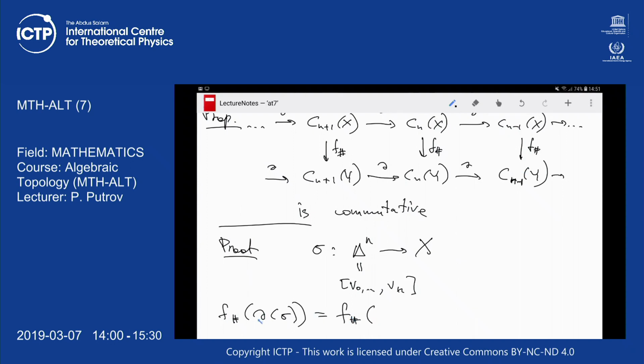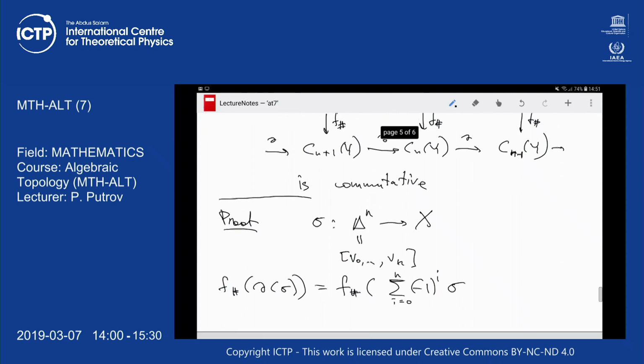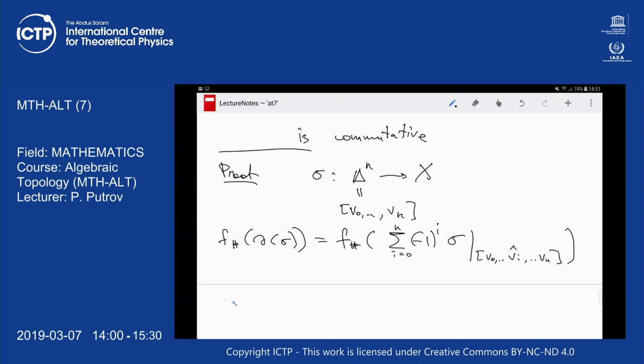So first we use the definition of D, the boundary homomorphism. This is the following sum: we take sigma restricted to the simplex where we remove the i-th vertex. Then, by linearity of the induced map, we just act by f sharp on each term.